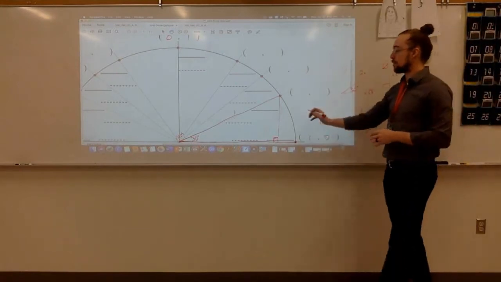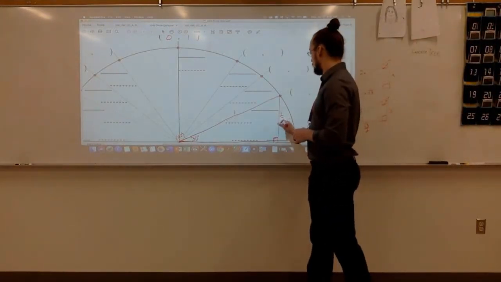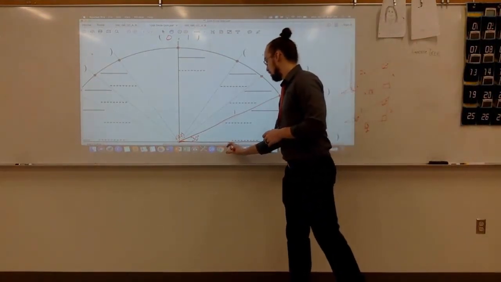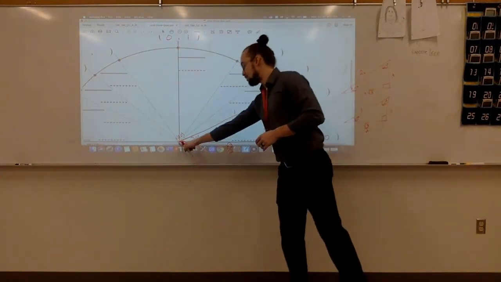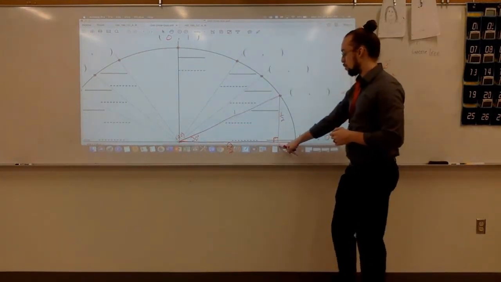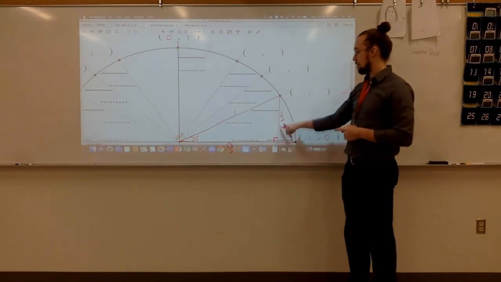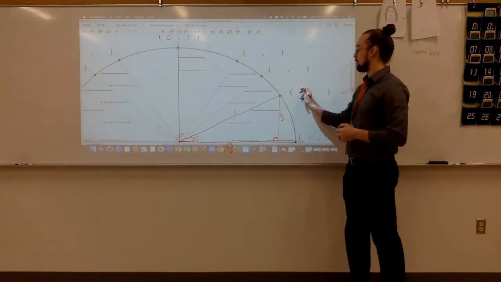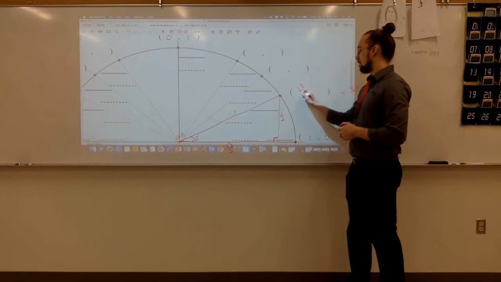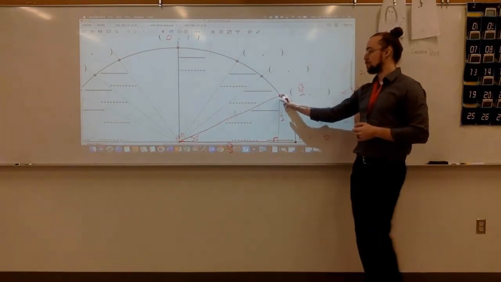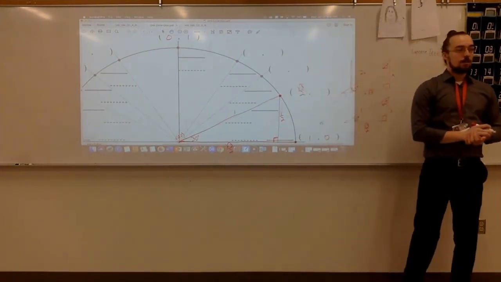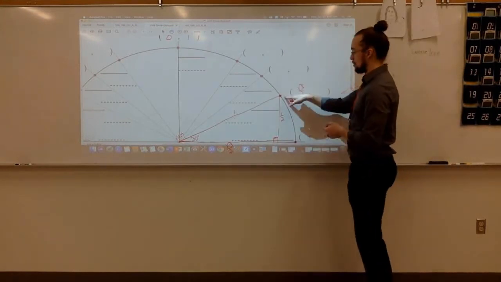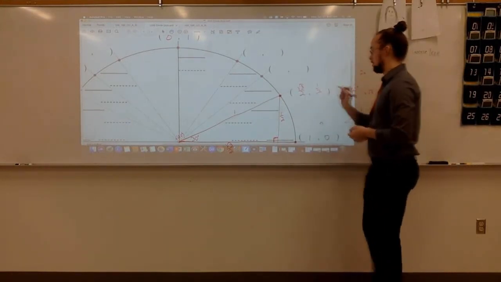So if we're looking at this right triangle, the distance from the origin to this edge is the square root of 3 over 2. That means that's going to be the x-coordinate of this point right here. The y-coordinate is just going to be 1/2.